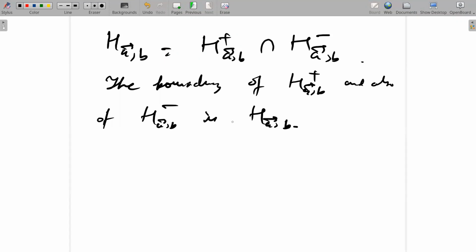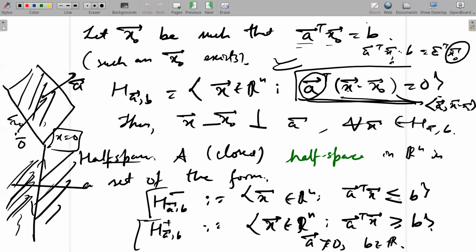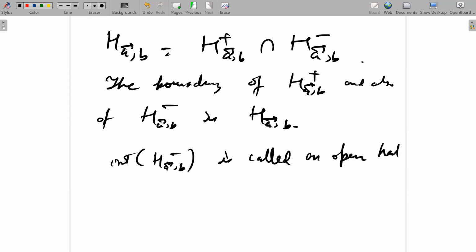Okay, and as you can imagine, if I remove this equality and just talk about strict inequality, that will give me the interior of this thing. So that will be what is known as an open half space. So the interior of HAB minus, and similarly for HAB plus, is called an open half space. We're just excluding the hyperplane out of it.